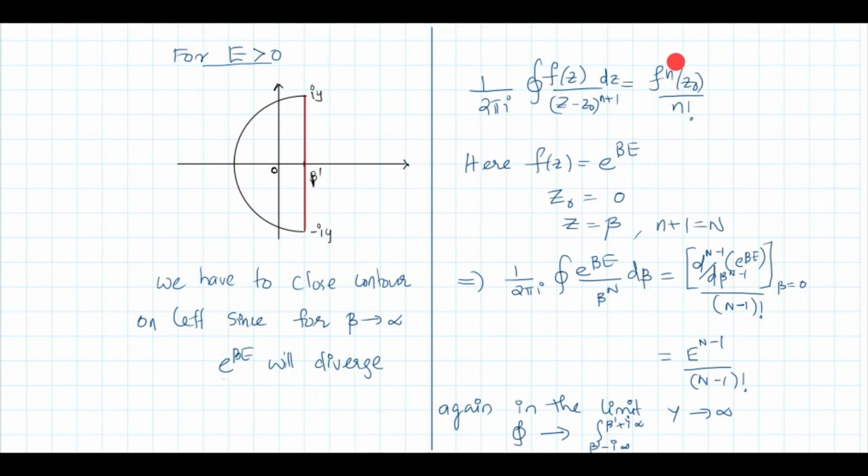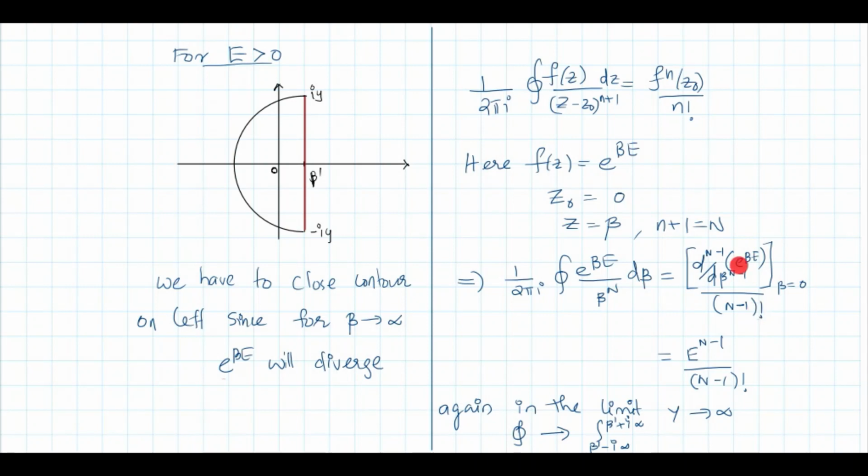Substituting in the right hand side, you take N minus 1 derivatives. If you have n plus 1 here, the derivative is the nth derivative of f. Here you have capital N, so you have to take the N minus 1 th derivative of this function. Here this function is e raised to beta E, and that has to be evaluated at z naught, which here is 0, divided by N minus 1 factorial.